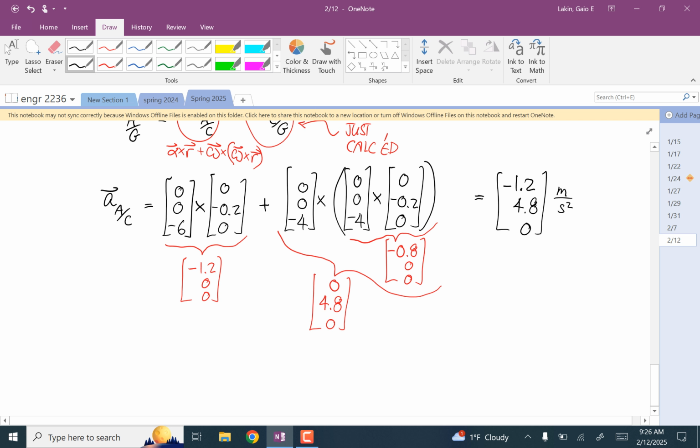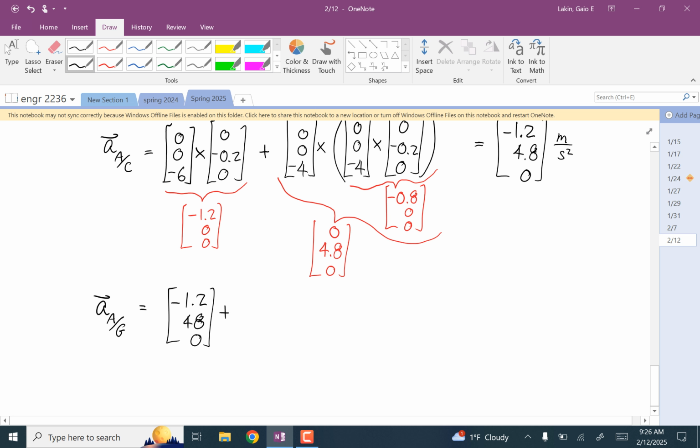Now put them together to get the total. So the acceleration of A relative to the ground is equal to negative 1.2, 4.80, plus the acceleration of the center, which was 1.200, and you get 4.80.